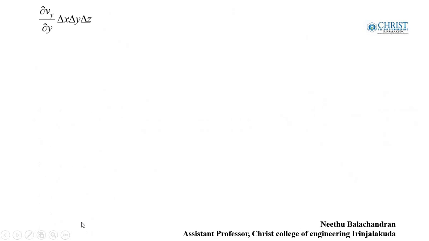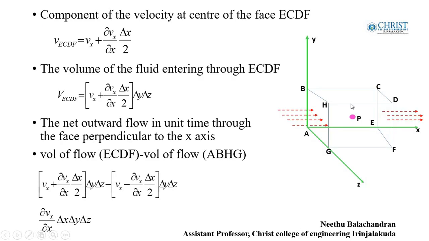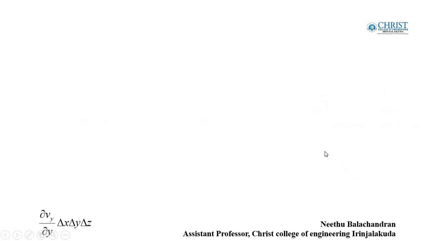Similarly, in the y-axis, we can take the two faces along the y-axis and equate. Likewise, along the z-axis you can take two faces and see the inflow and outflow.